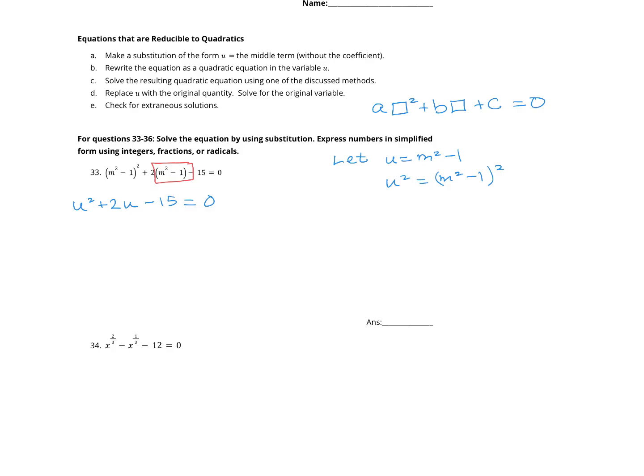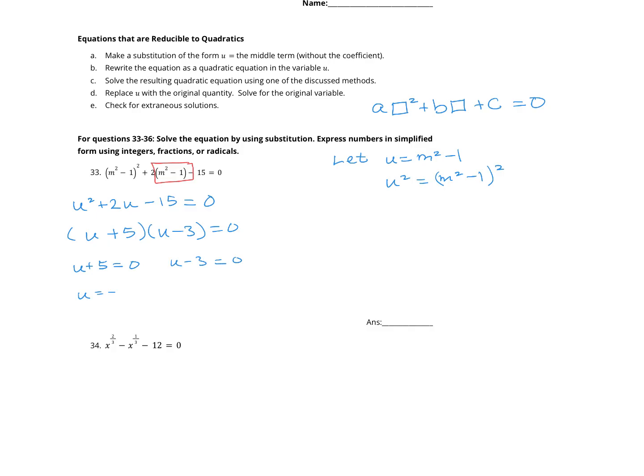Again, most of the time, these are going to factor very nicely because the hard part is making the substitution, and we don't want to throw everything at you all at once. So it does factor. It factors as u plus 5 and u minus 3. So either u plus 5 equals 0 or u minus 3 equals 0.